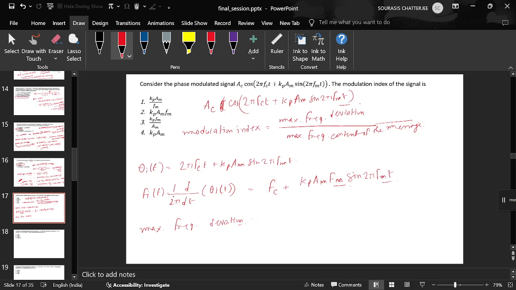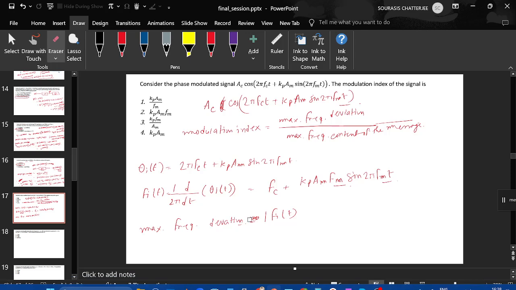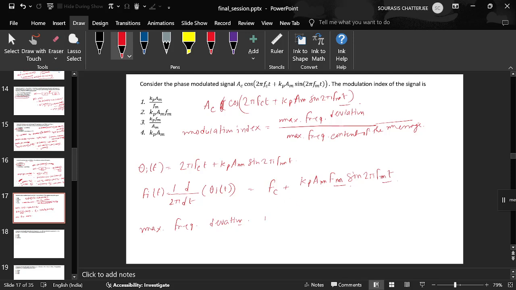The maximum frequency deviation is equal to the max of f_i minus the carrier frequency, and this will happen when this cosine term goes to 1. So your maximum frequency deviation is going to be kp Am fm.